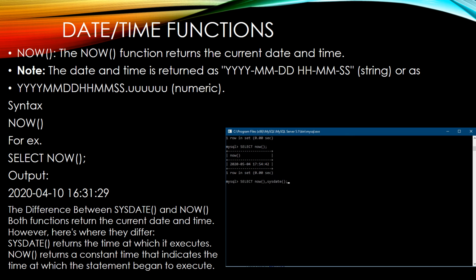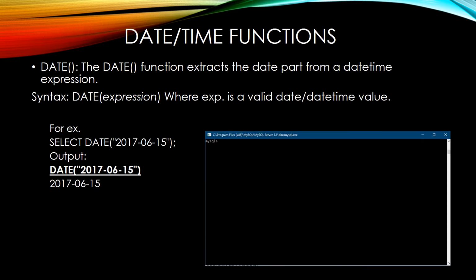Now I am using the sysdate function. There would be a slight difference between the two in the timings because sysdate will return the time at which the command executed, but now will return the time at which the statement began to execute. So this is the difference between them.